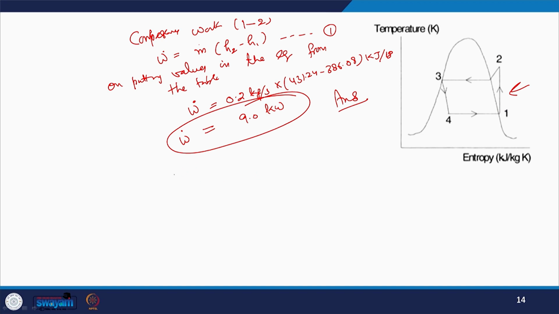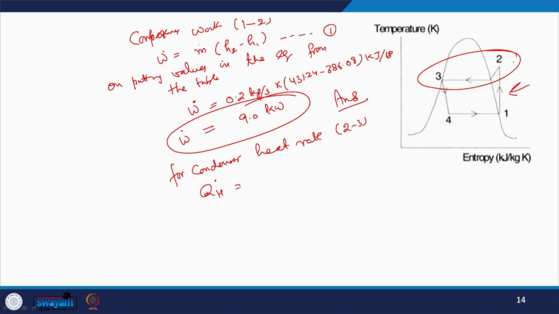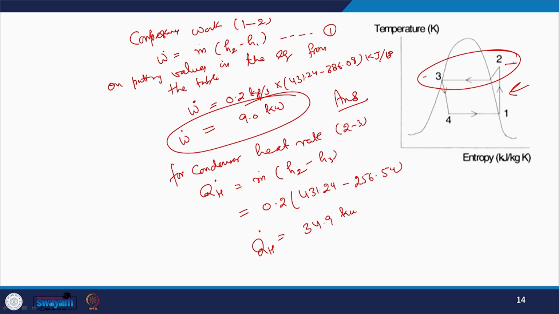Now for the condenser heat rate, that is stage 2 to 3, we can write QH is equal to m (H2 minus H3). So 0.2, which is given in the problem, times (431.24 minus 256.54). So QH comes out to be 34.9 kilowatt.